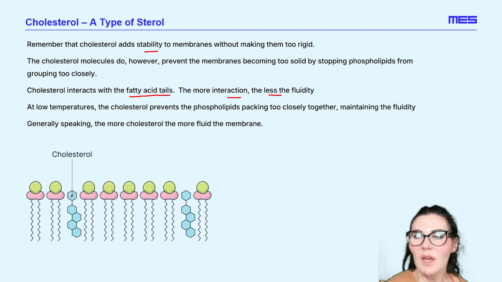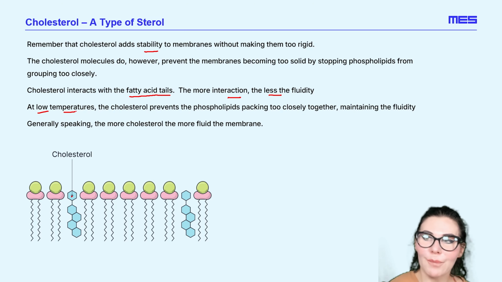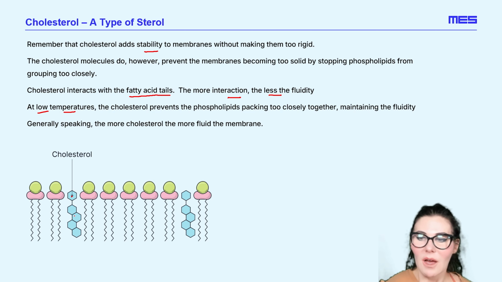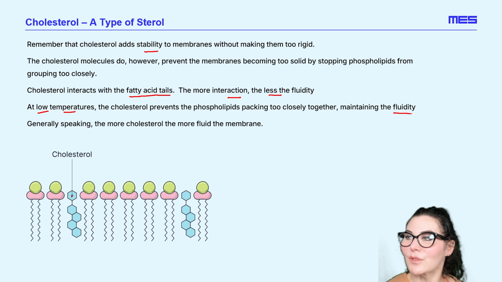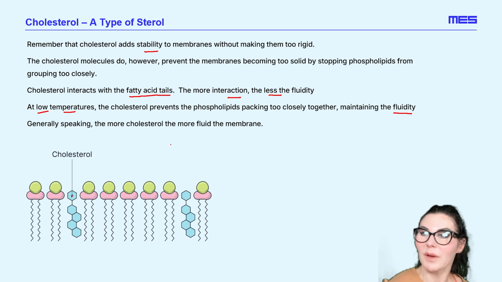move more. At low temperatures, cholesterol becomes a little bit more solid, so it's less likely to interact with the phospholipid tails, and therefore the phospholipid tails are likely to be quite loose. They're not packed really tightly, and that enables the membrane to be pretty fluid.